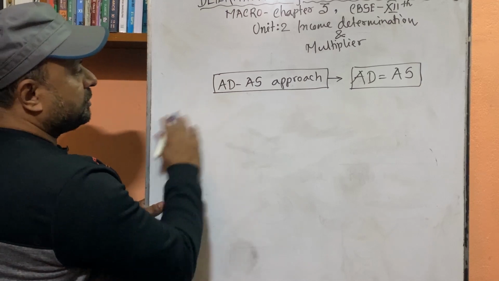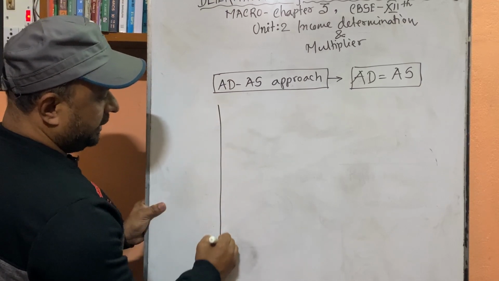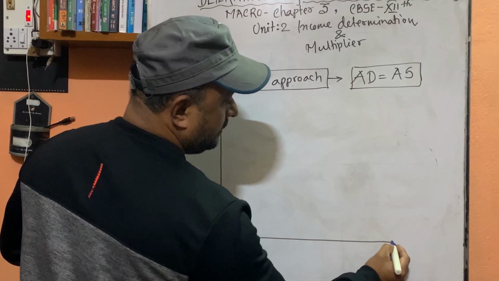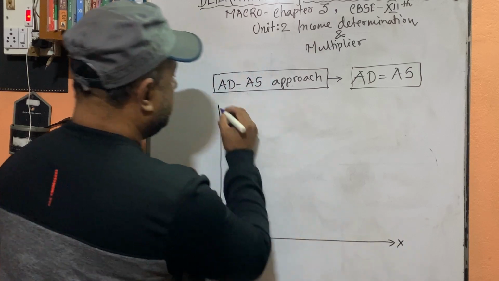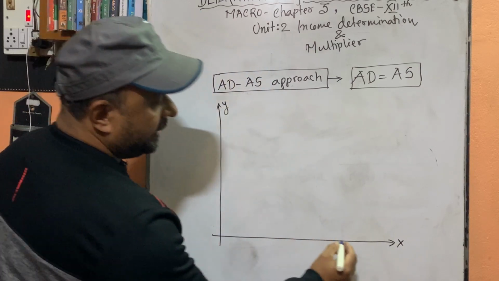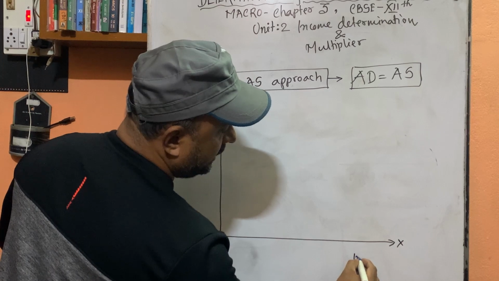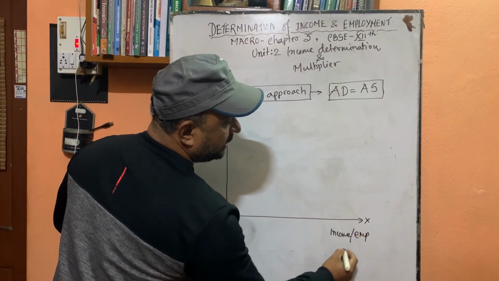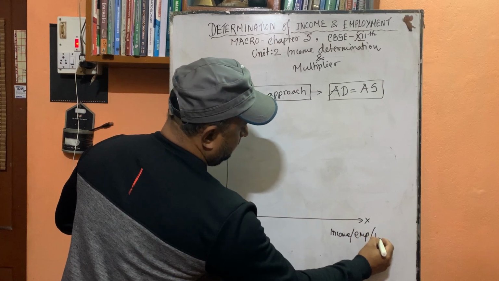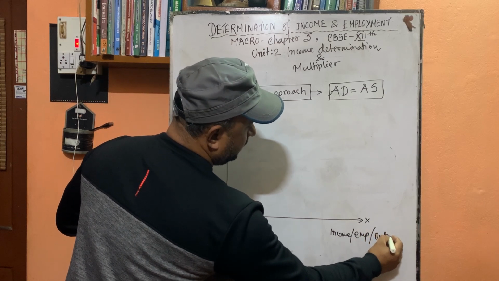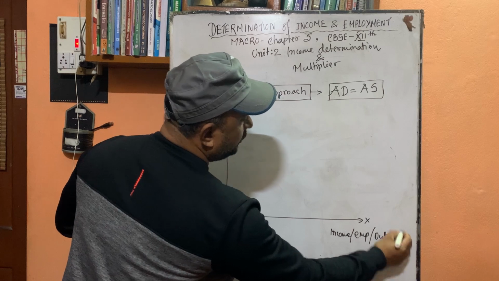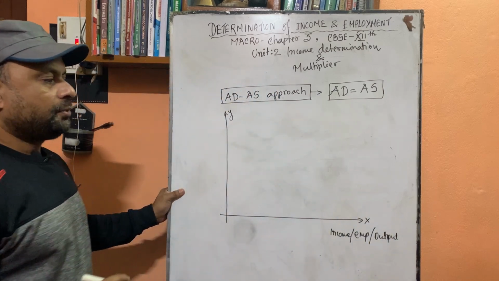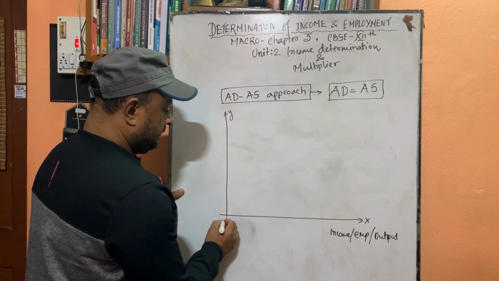How is it possible? Let us go through a diagram. This is our x-axis, this is the y-axis. Here we are measuring the country's national income, employment, I am writing it short, and output, any one of them. Because in national income we learned that income, employment and output in terms of money are all the same.